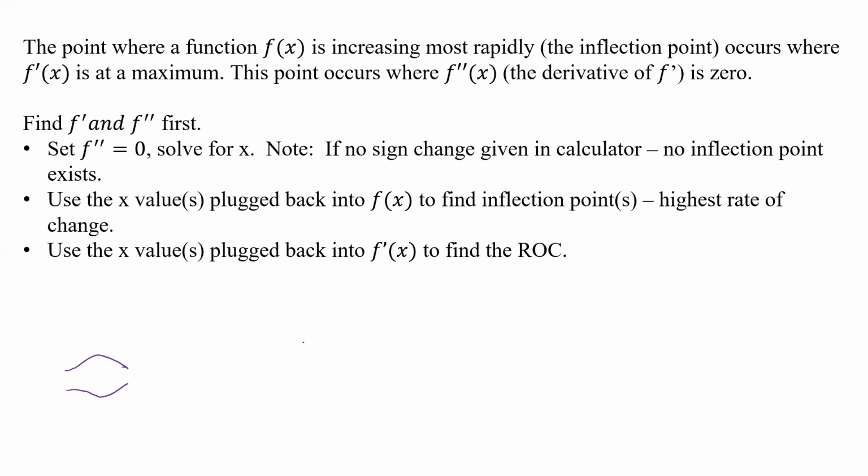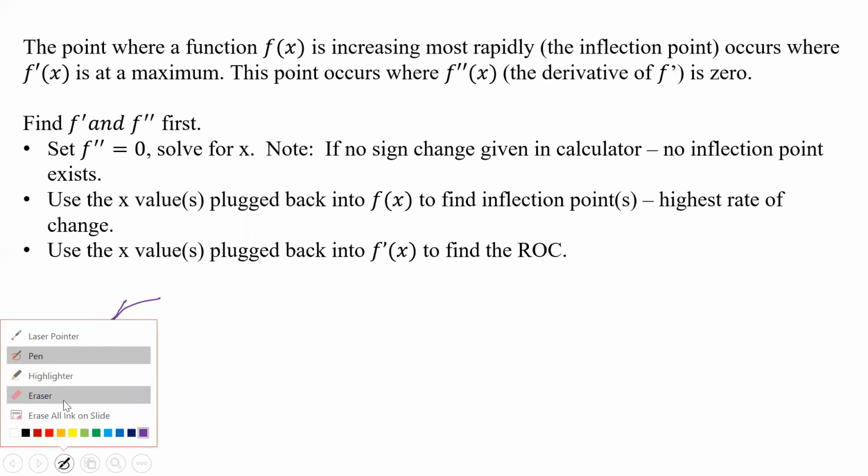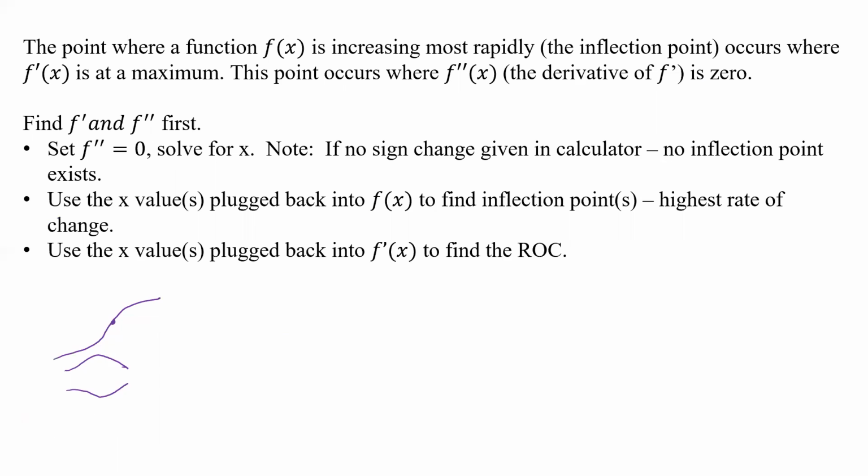All right, so what happens is, that's going to be our point of inflection, and when we get that, it's going to give us this here as the f prime.